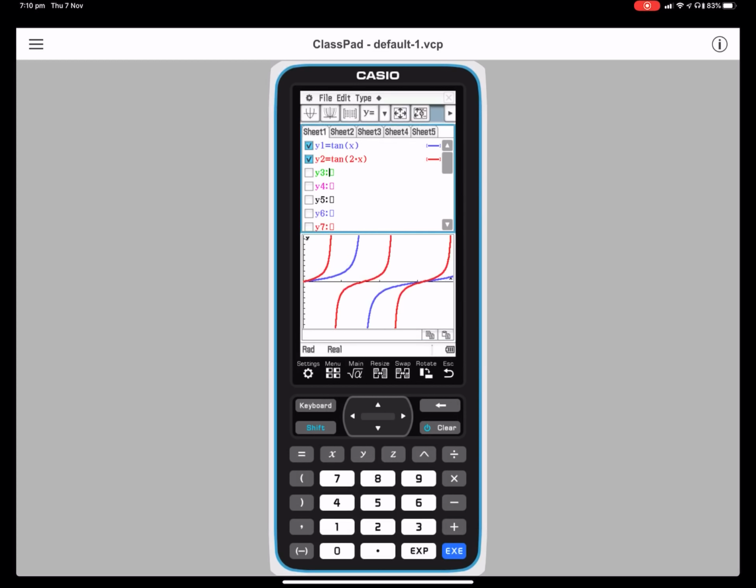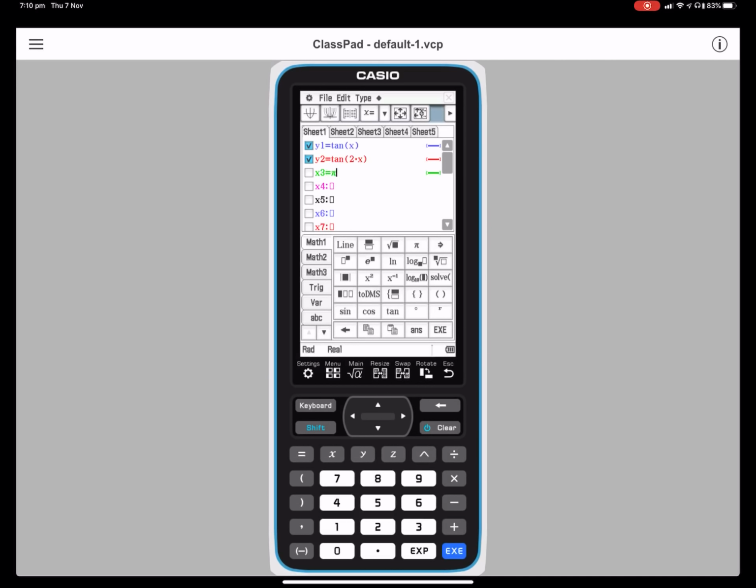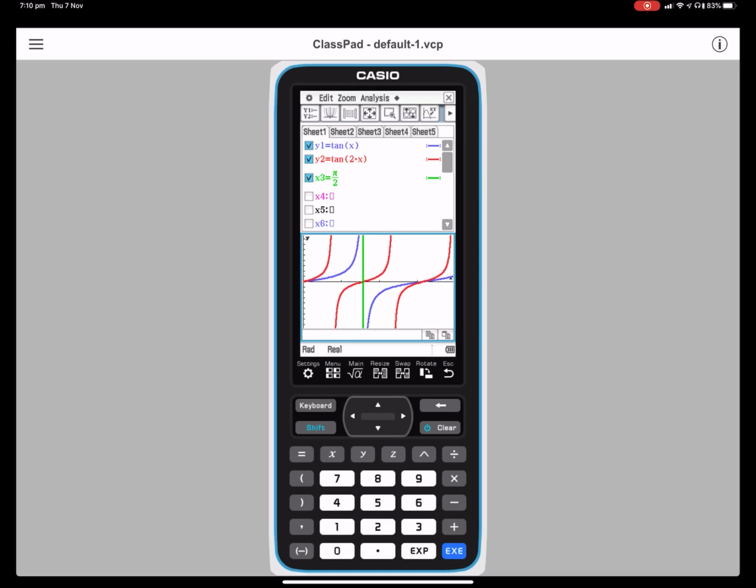So what I'm going to do is put in a line, x equals pi on 2. And then 5 pi on 4 is obviously the right-hand side, because that's where I put the upper value.